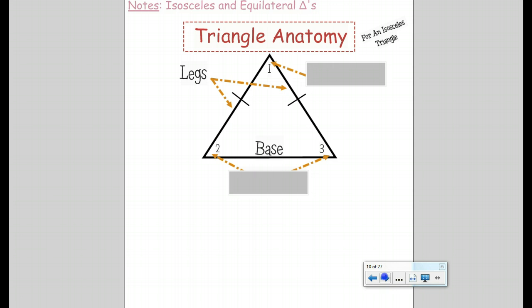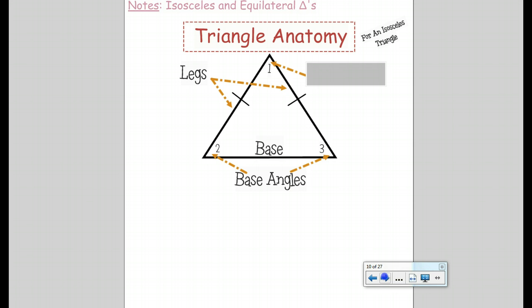Okay? All right. Now we're going to talk about the angles. Let's do the easiest one first. The angles surrounding the base are called the base angles. Pretty self-explanatory.